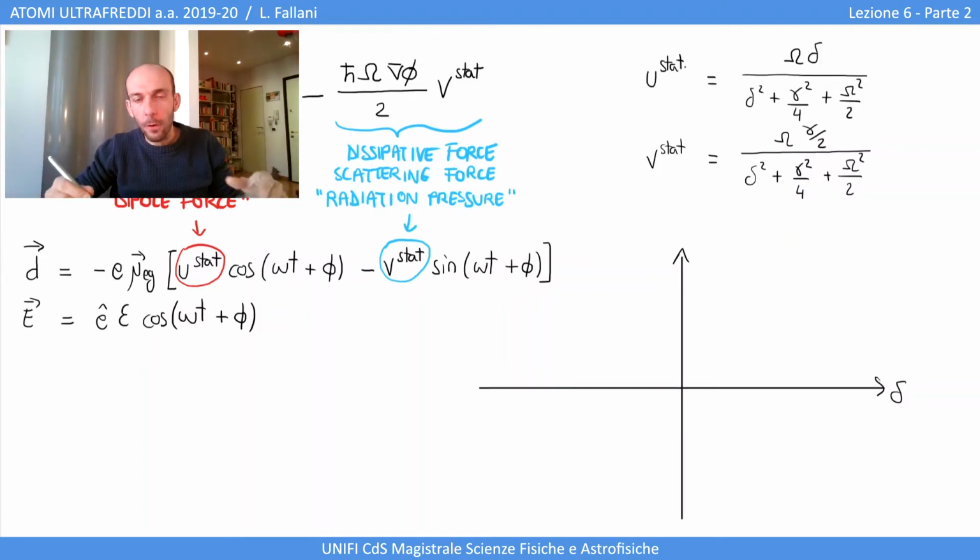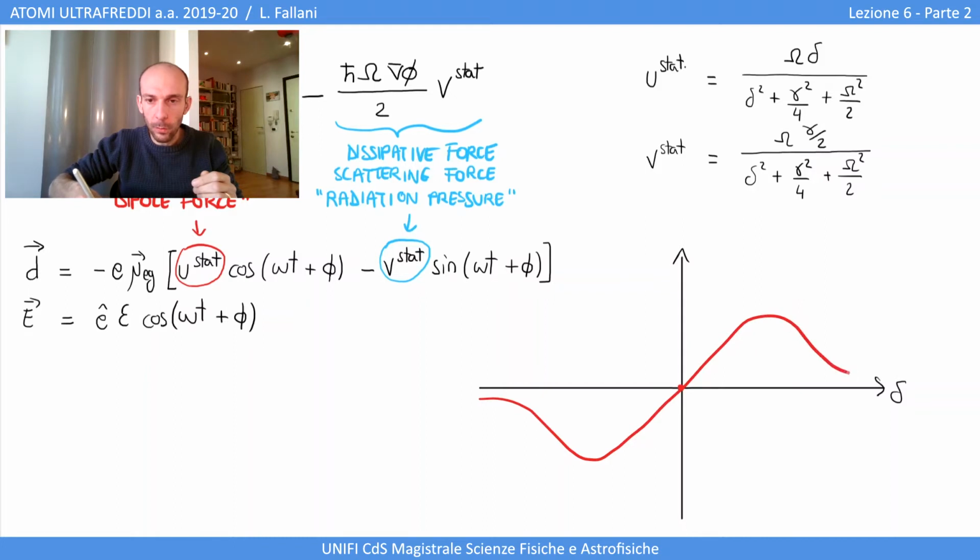Starting from the u component, you can see here that it is 0 for delta equals 0, and then it is an odd function of the detuning. In particular it is negative for negative values, and it is positive for positive values of delta. And so the graph of this function is the following.